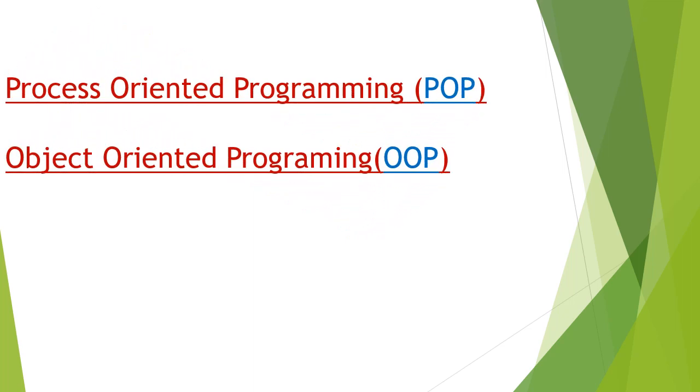These two methods are known as process-oriented programming and object-oriented programming.